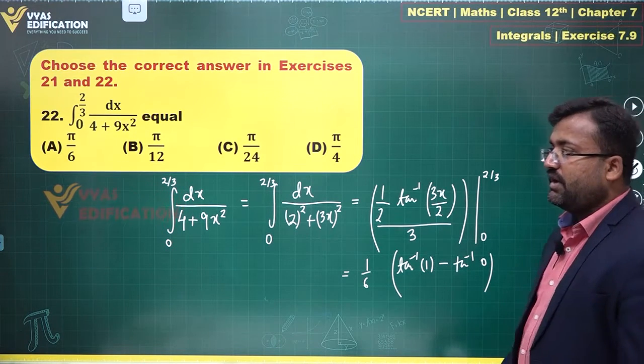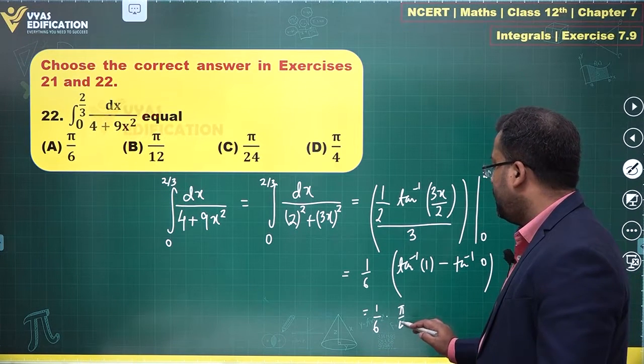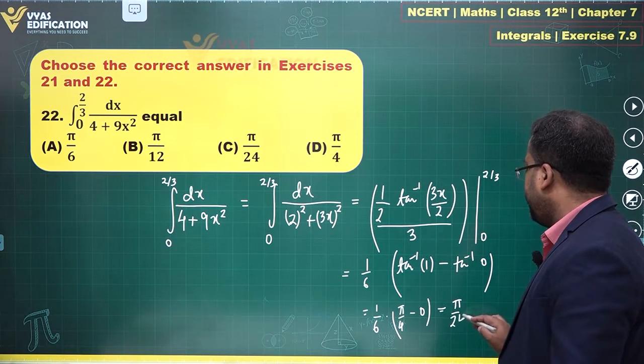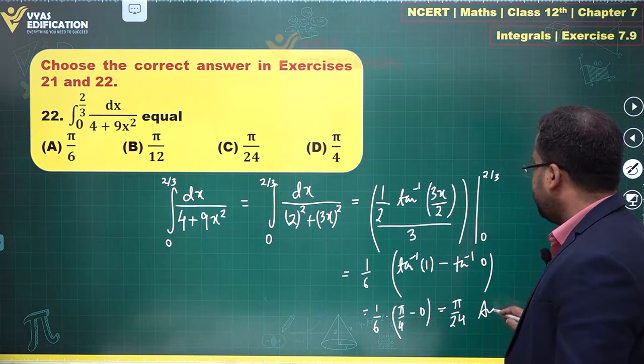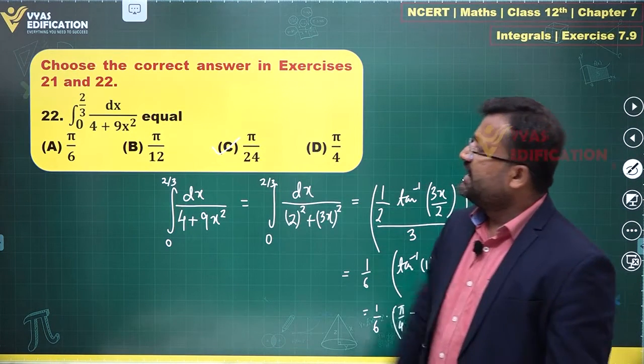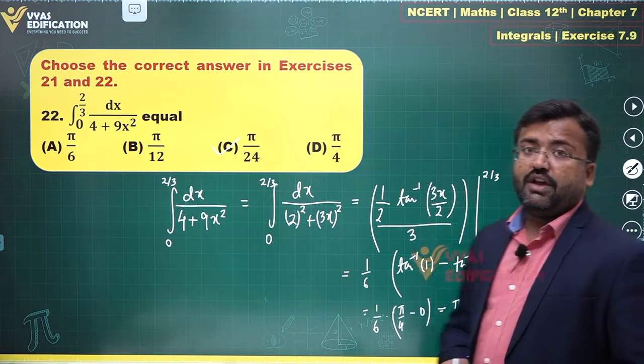This is what is required, right? So 1 by 6 is okay. This is pi by 4 minus 0, which is pi by 24. The value will be pi by 24, and that is my answer. Which option is pi by 24? This is option C. The correct answer is option C for this question, as you can see over here.